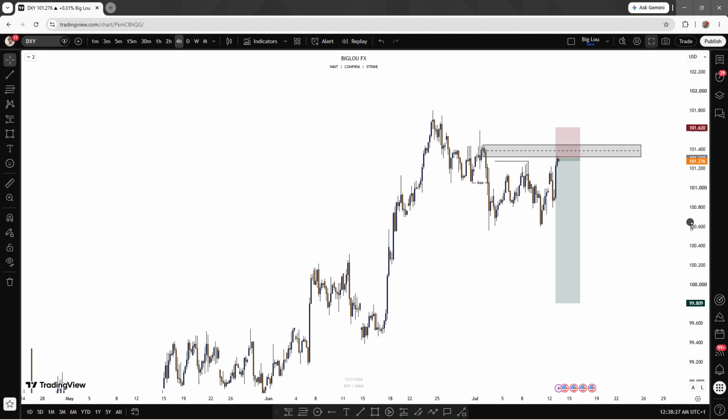All right. So always start your analysis with the dollar index. Once you know what the dollar index is doing, you should be expecting the opposite on the negatively correlating pairs, and then you should be expecting the same thing on the positively correlated pairs. I hope this somehow makes sense.